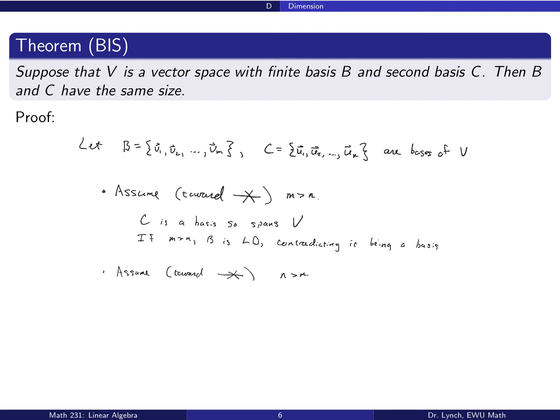If we assume n is greater than m, then the fact that B is a basis and spans V implies that C is linearly dependent, contradicting it being a basis. So the only conclusion, therefore, is that m is equal to n. Okay. So this is sort of a good thing. This is a result of the fact that more vectors in a set than a spanning set is linearly dependent.